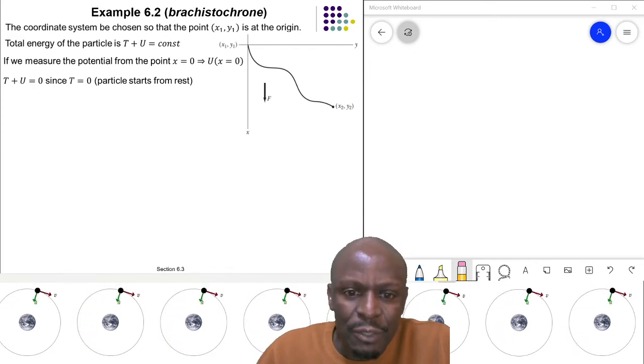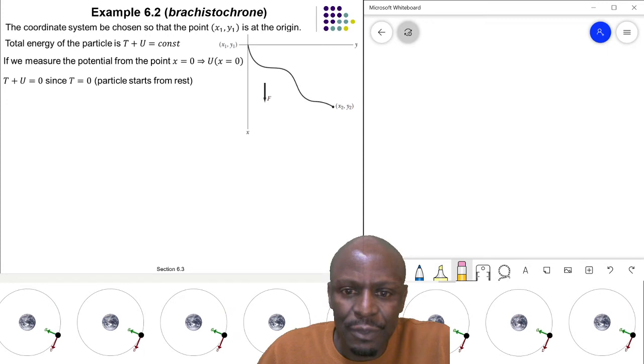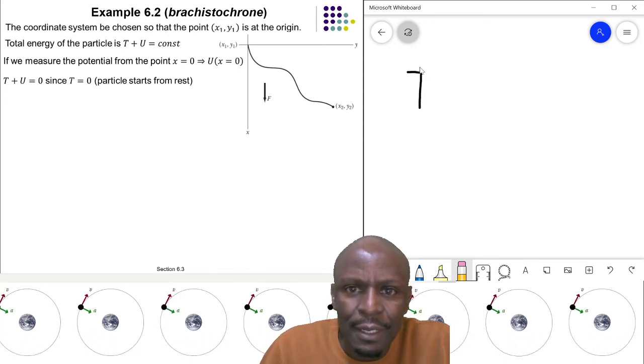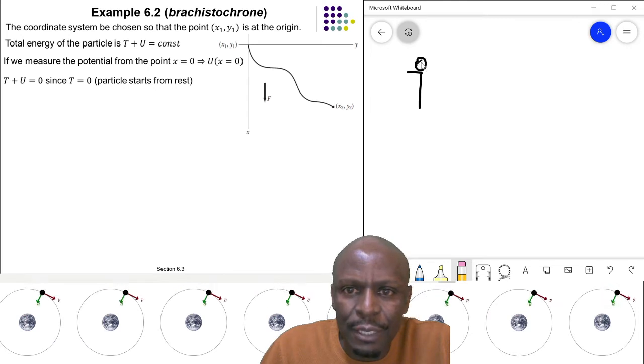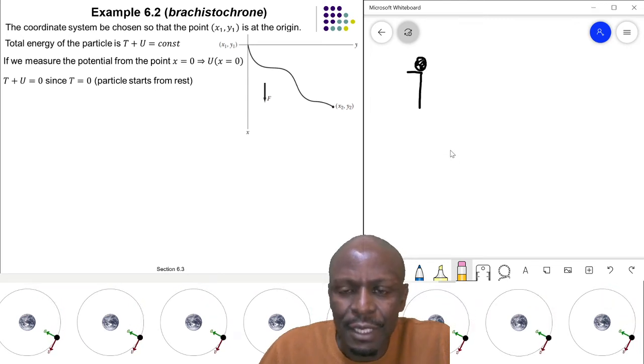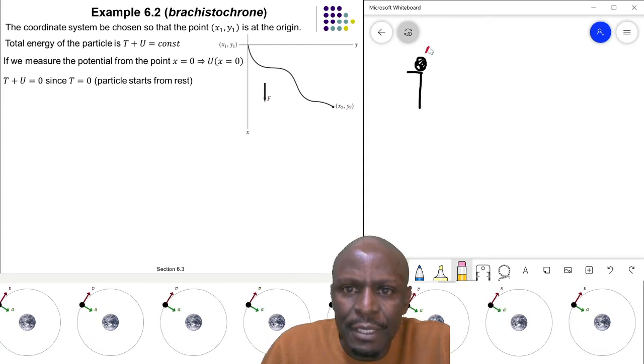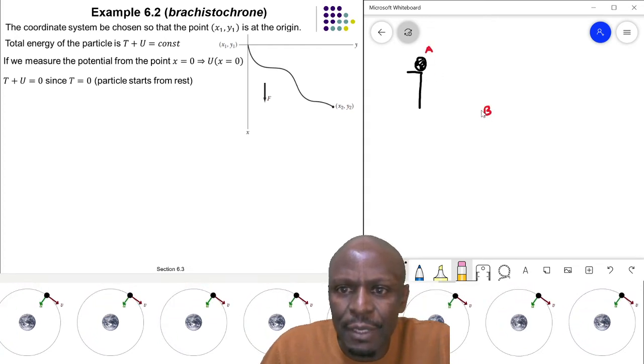And I also want you to take this as follows. For example, say you have a particle placed somewhere here at the corner. This is point A, and we want this particle to be somewhere here.